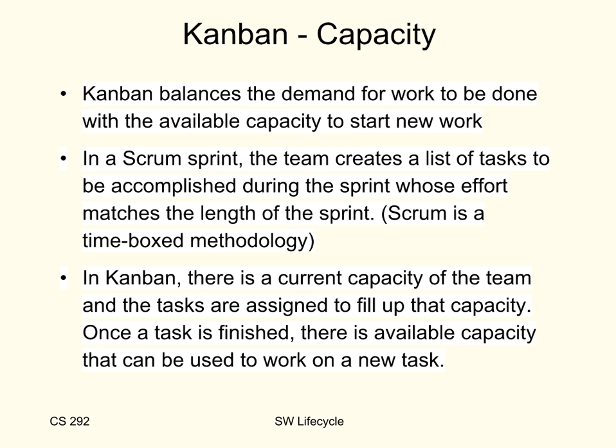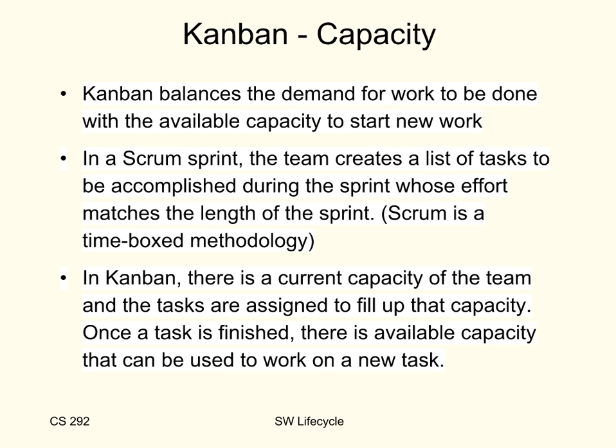In Scrum, the team creates a list of tasks to be accomplished during the sprint, whose effort matches the length of the sprint. In a sense, that's the capacity of the team, because you have estimated how many hours each task is going to take, and you know the total number of hours in the sprint.